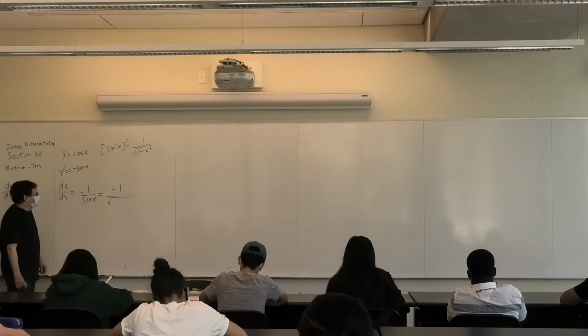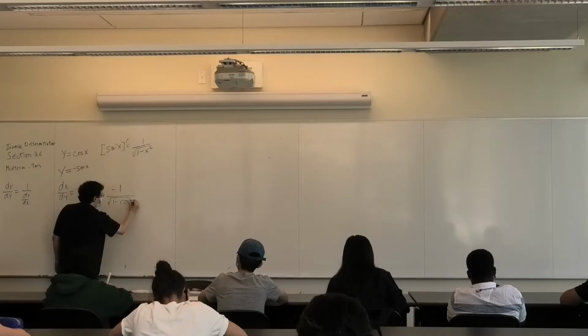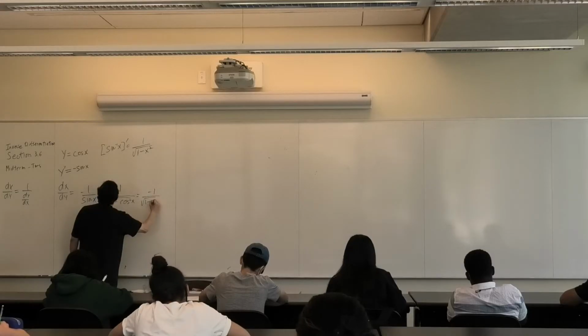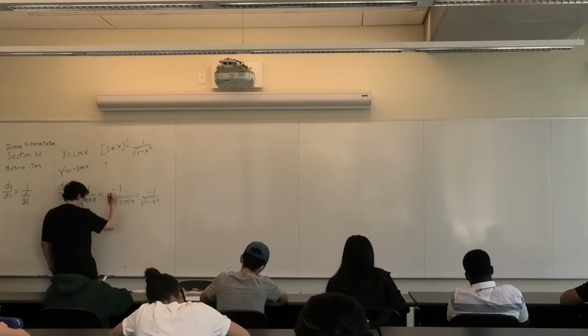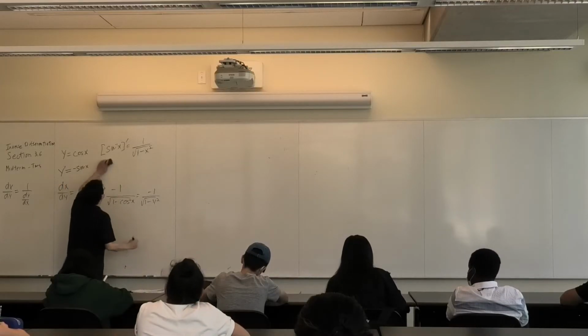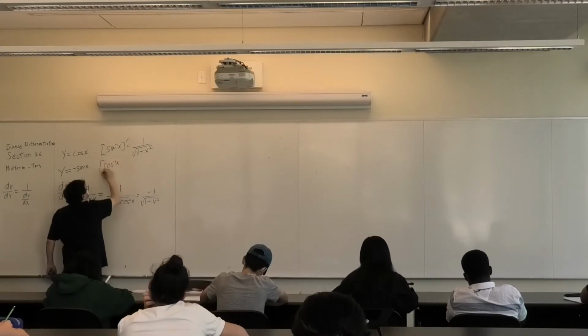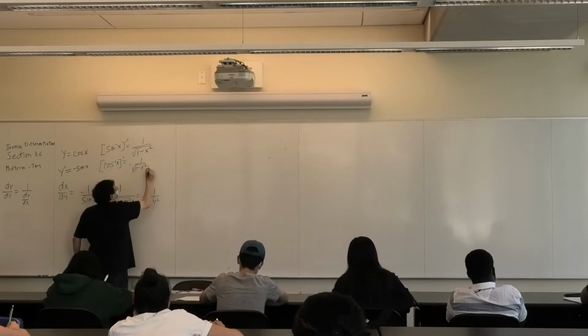All at once. All right. 1 minus cosine squared of x. So minus 1 over the square root of 1 minus x squared. So it turns out that the inverse cosine of x has a derivative that is just the negative of 1 over the square root of 1 minus x squared.